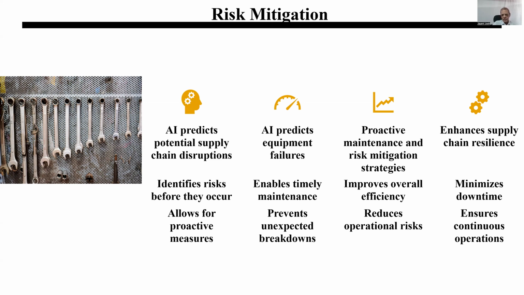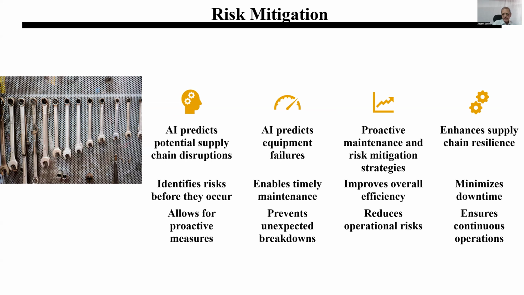It could be at a transportation level, a manufacturing level, in the supply of materials, or maybe quality challenges or equipment breakdown or anything. You know better than me. So this identifies the risks before they occur and allows for the proactive measures which you should take, which can be prompted for improvement without any disruptions and all that.